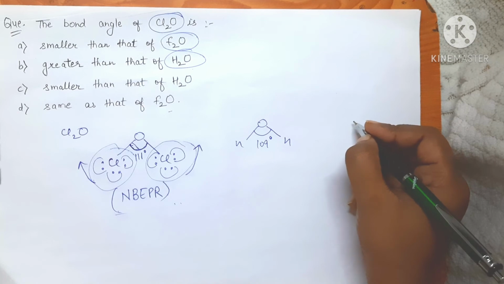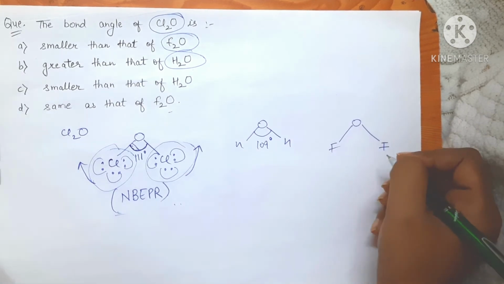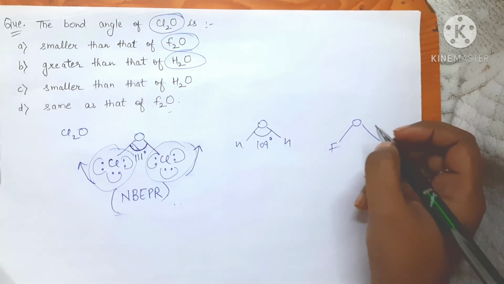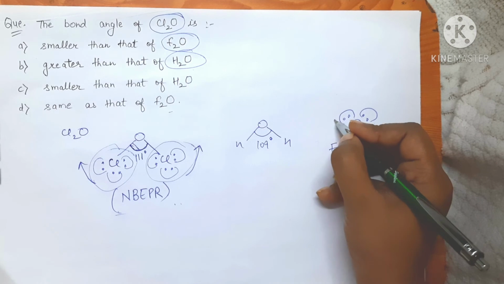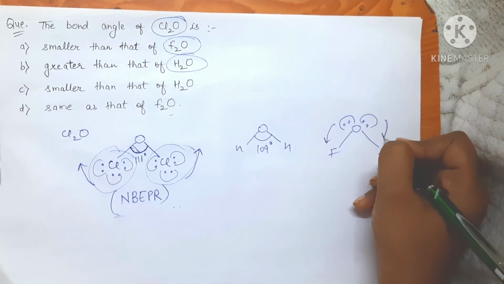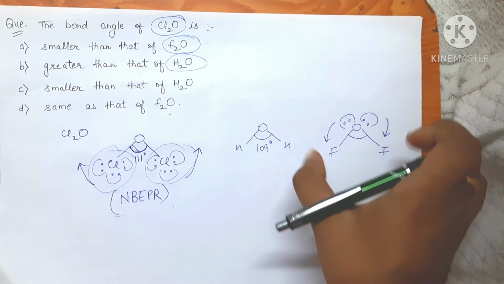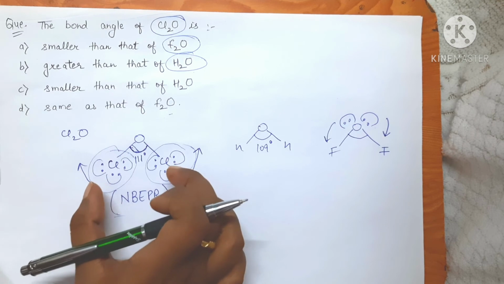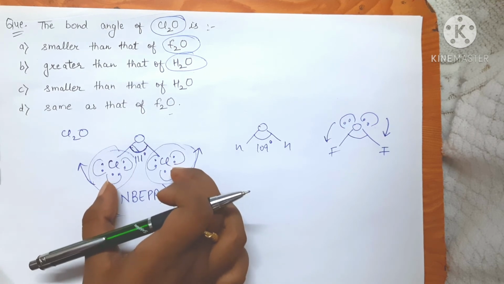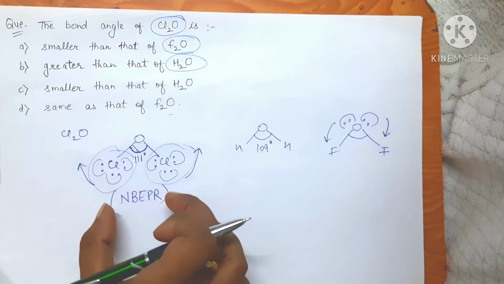The third molecule is OF2. Here valence shell electron pair repulsions dominate. Lone pairs are present on these oxygens, and their repulsions dominate. The angle reduces here due to the repulsion of the lone pairs. Where the side atoms are big, the bond angle increases; this is known as NBEPR.